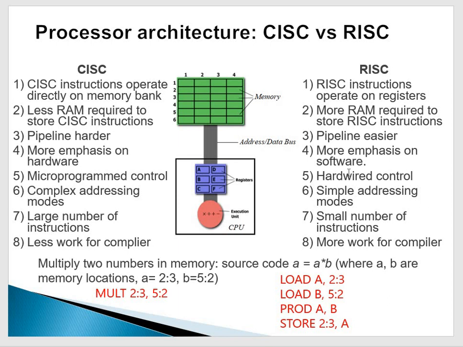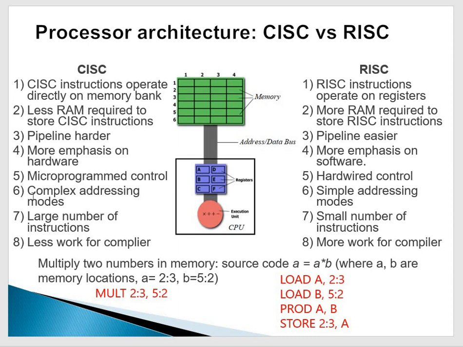On the other hand, in case of CISC processor, the CPU will generate the control signals through the microprograms which will be pre-designed, pre-written and stored in the memory. So this is the basic difference. Next, the sixth one is the complex addressing mode. In case of CISC processor, the addressing modes are very complex.